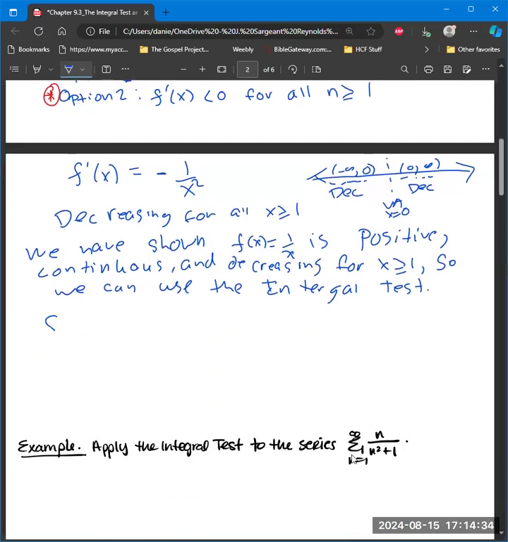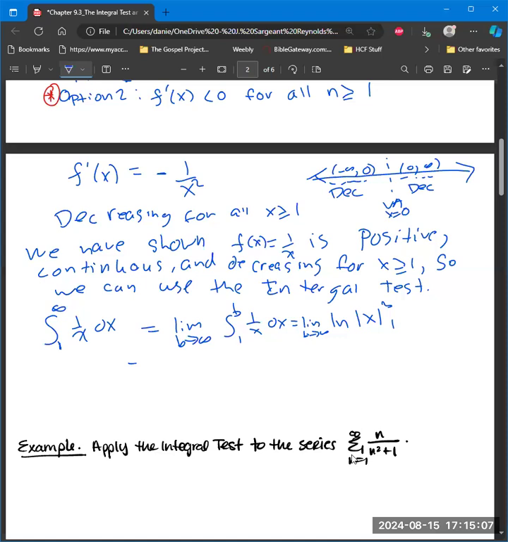So let's see what happens with the integral from 1 to infinity of 1 over x dx. We're going to have to say that's the limit as b goes to infinity of the integral from 1 to b of 1 over x dx, which is ln of the absolute value of x, evaluated from 1 to b.